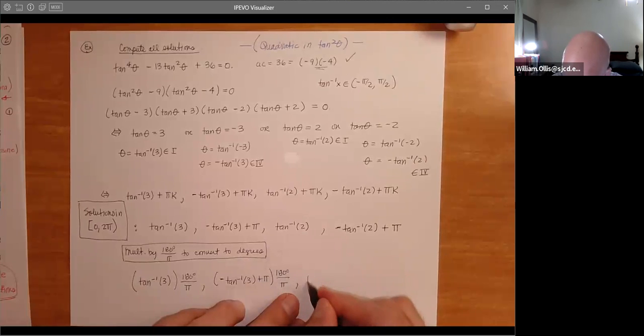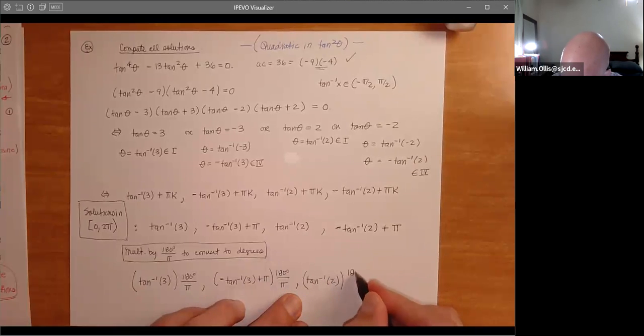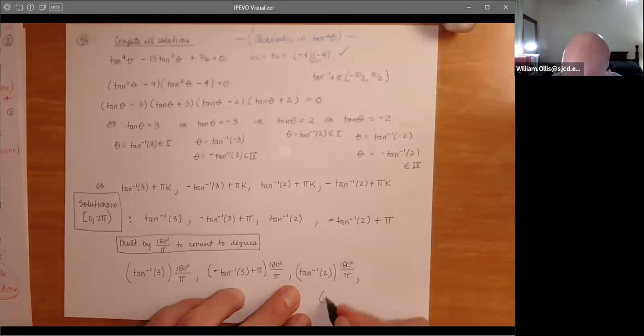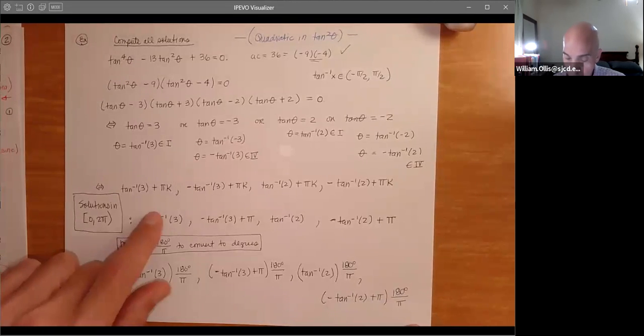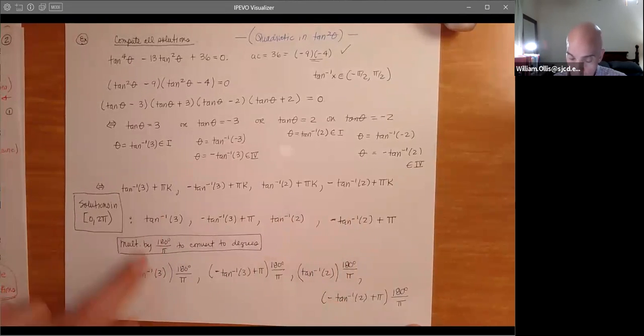Likewise here, inverse tangent of 2 times 180 degrees over pi. And then lastly, the negative of the inverse tangent of 2 plus pi times 180 degrees over pi. And this would give us degree measure, which would be analogous to what we have here in radian.